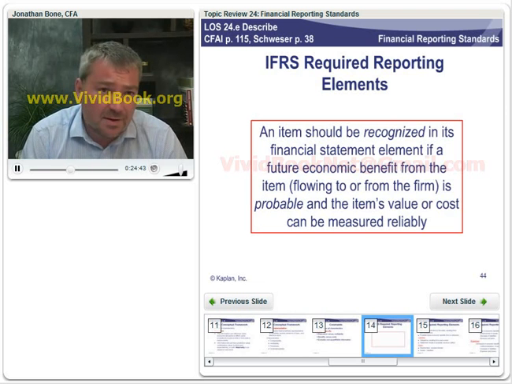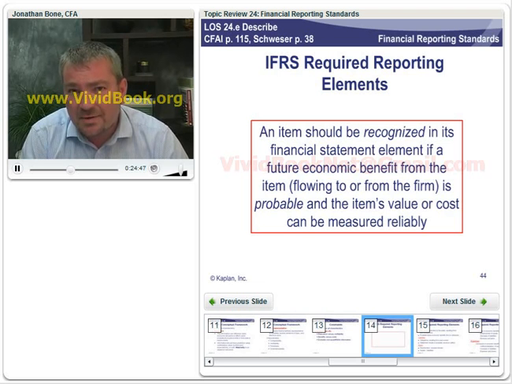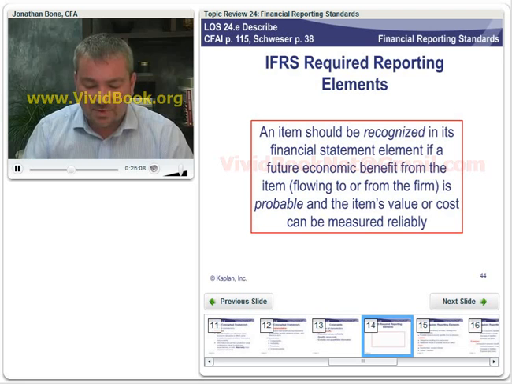Likewise, if you look at liabilities where you owe people money, of course a liability represents a flow of economic benefit leaving the company. Now notice it should be probable, so it's likely to happen, and then the final point, that its value or cost can be measured reliably, i.e. we can put an accurate monetary value on this transaction. We can put it in dollars, pounds, euros, or whatever we're using.